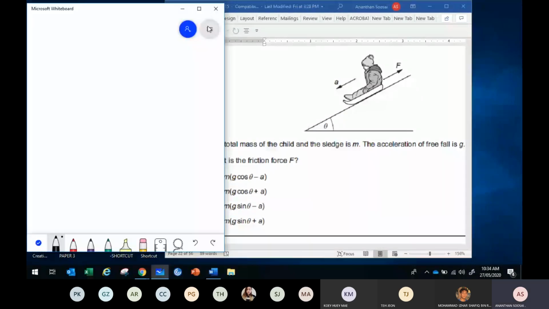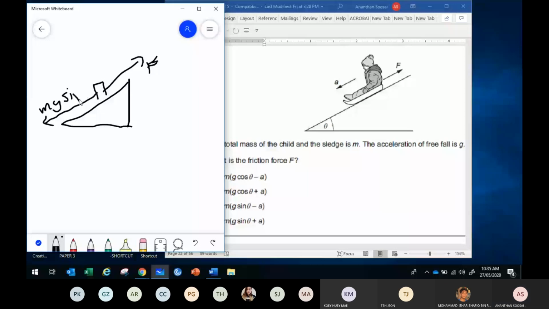Yeah, so because it's an inclined surface, friction is acting up. We go in terms of force law. The force acting down is mg sine theta. But finally it accelerates down. Okay, I think this is straightforward.